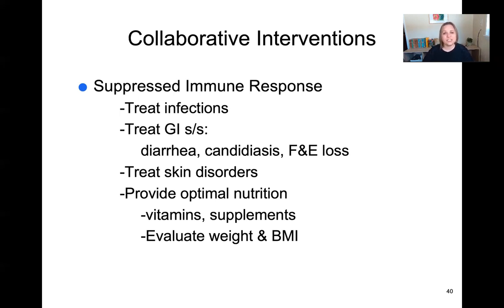We're going to treat any GI symptoms that they might get, like diarrhea or fluid and electrolyte loss. They can also get yeast infections really easily, those opportunistic infections, because their body just doesn't have the capacity to fight things off. They can have skin disorders, which would need to be treated. And we would want to encourage optimal nutrition, vitamins, and supplements like Ensure, and making sure that they're maintaining a healthy weight.